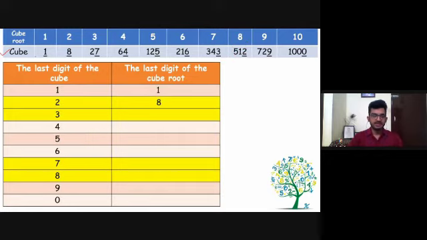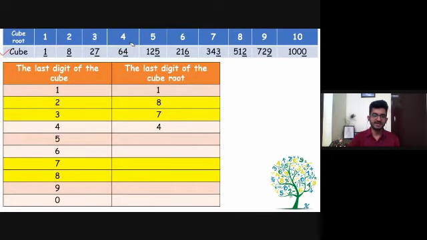Then go for the next one where you have the cube ending with 3. You can see 343 is ending with 3, and find out its cube root. If the last digit of the cube is 3, the cube root has 7 as the units digit. Then go for 4. You see where you have a number ending with 4? It is 64, and its cube root is 4.